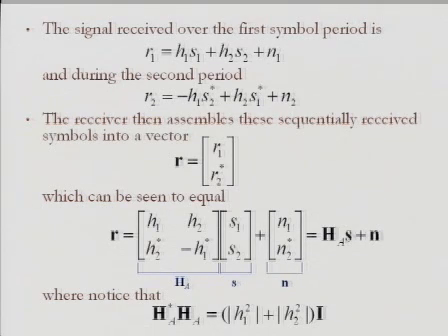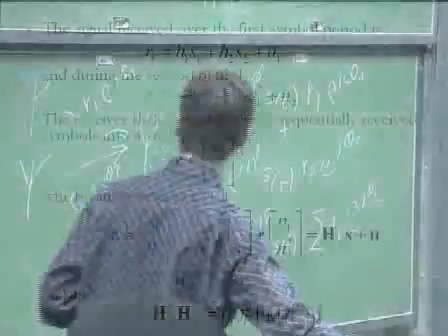Okay. Now notice a key property of this Alamouti matrix, which is the following. If you multiply H Alamouti by its transpose conjugate, you get a matrix that has 0 off diagonals.